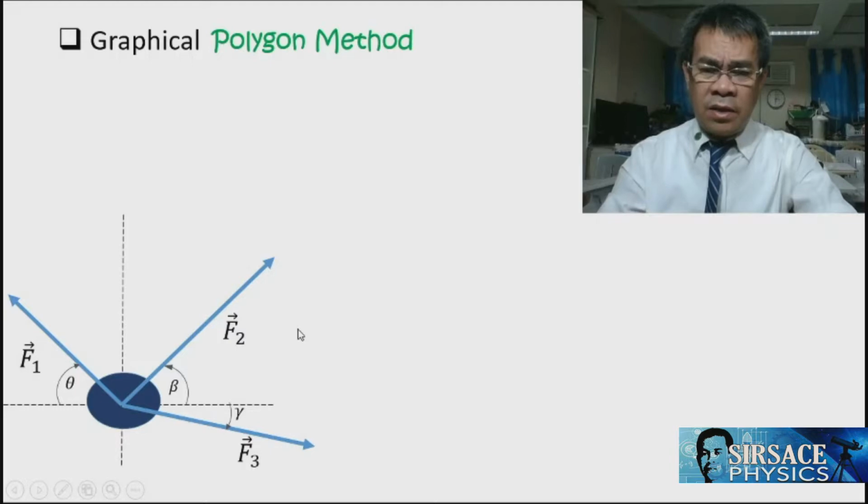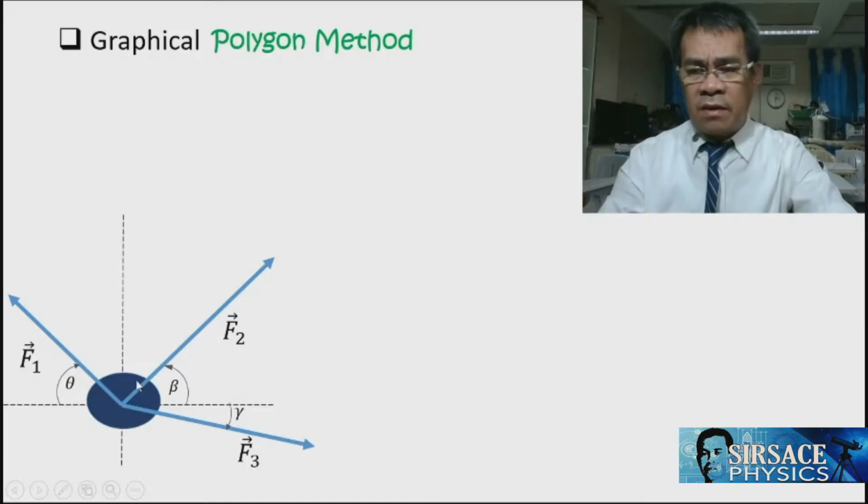Now if we use the graphical parallelogram method in this problem, the first thing to do is to combine first the two, then after that the sum will be combined with the other one.